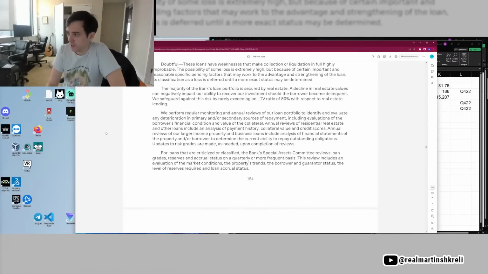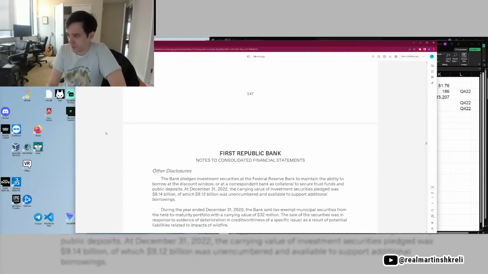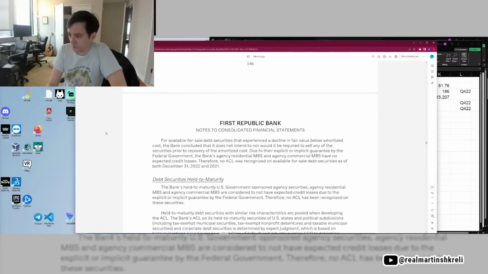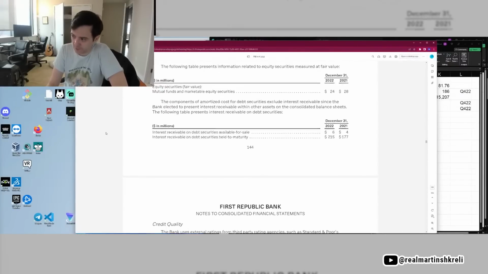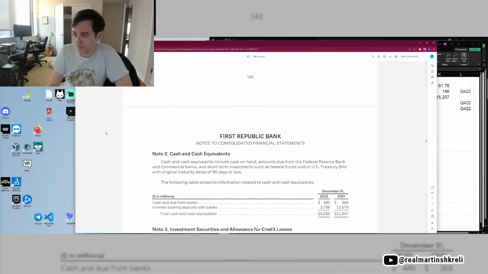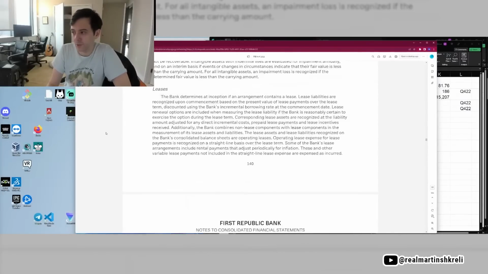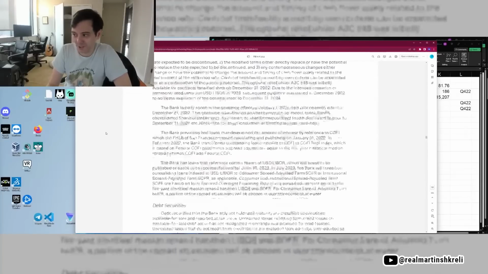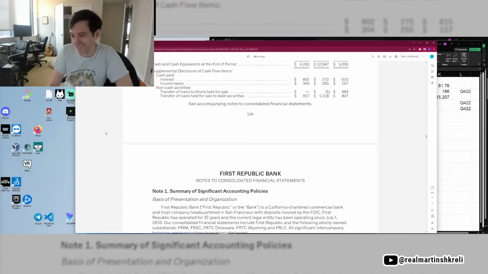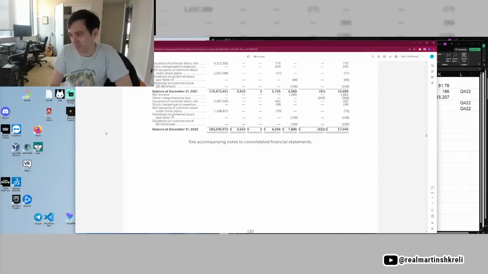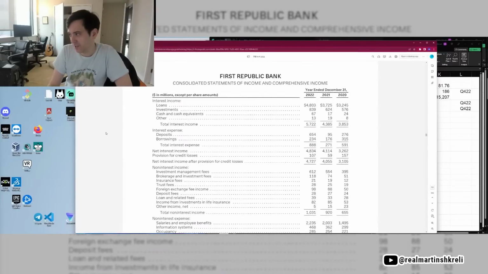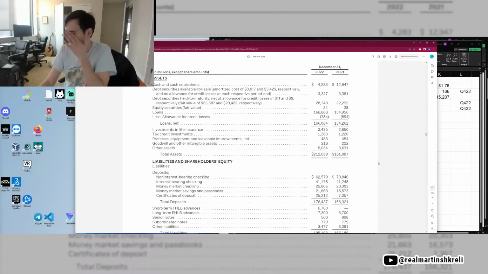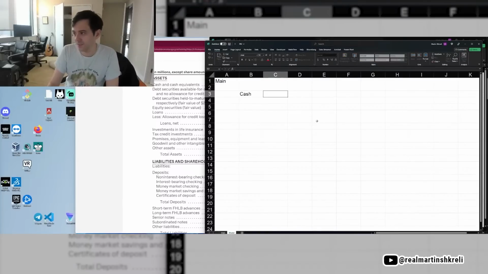You can see a lot of these are very esoteric financial statements, unlike an industrial company like a pharmaceutical company or a software company. Those are really easy to understand. Bank balance sheets are really hard to understand. We picked the biggest bank in the world, which is probably going to be the most complicated. So here's First Republic, which is a bit easier to understand. All right, so this is hopefully going to be a lot simpler.